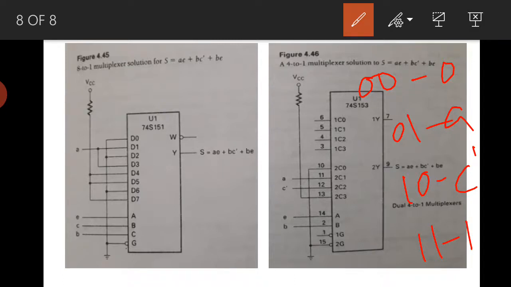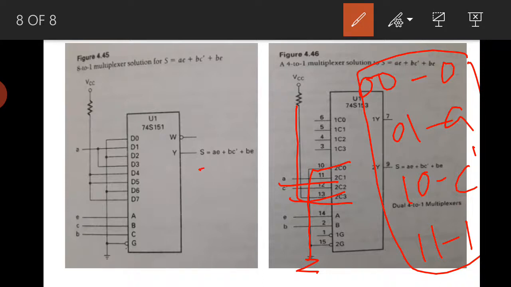If it is 0 0, the 0 is connected. If it is 0 1, A is connected. If it is 1 0, C bar is connected. If it is 1 1, VCC is connected. The same function will meet the requirements of the truth table by using the 4:1 mux.